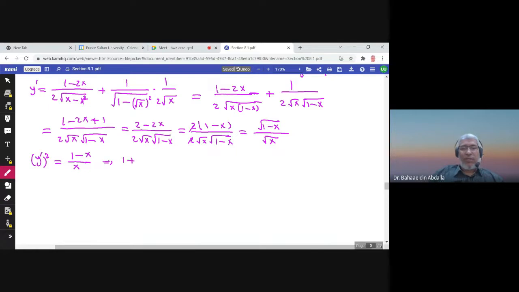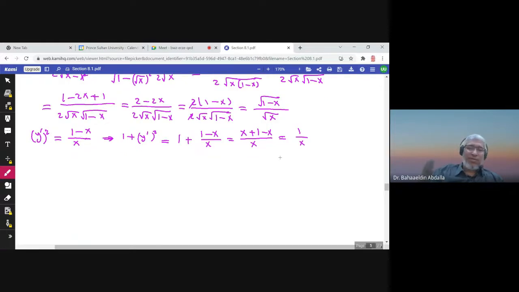This is the term inside the square root in the formula of the arc length. And now I need to add these two fractions. So I have x plus 1 minus x. x cancels with x, and I just have 1 over x.